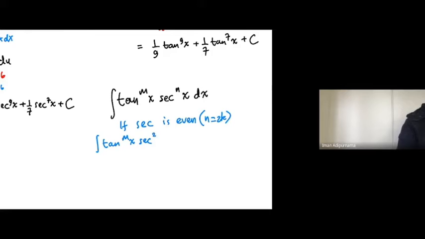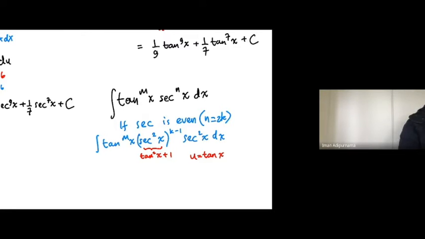Let me write in secant squared to the k minus 1, and then secant squared x. Yeah, this is what we did actually. And then we can change this into tangent. And then we can write that u is tangent x. We can substitute the tangent x.